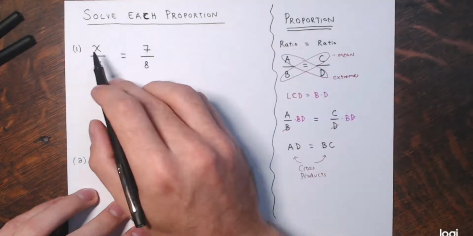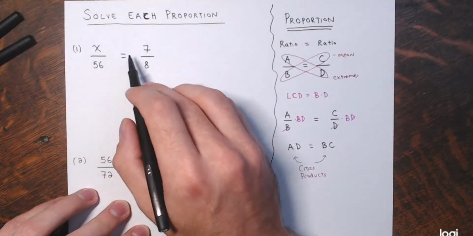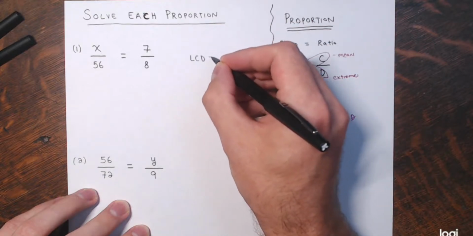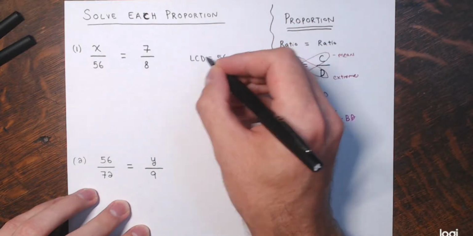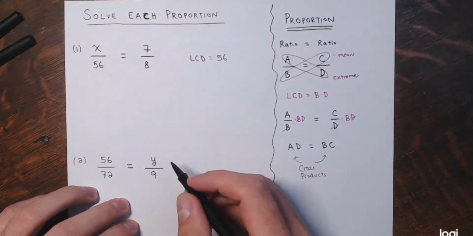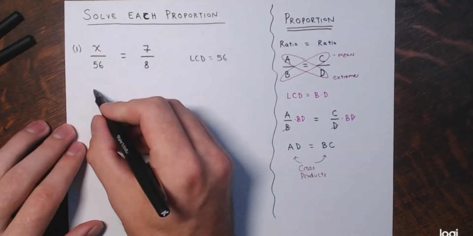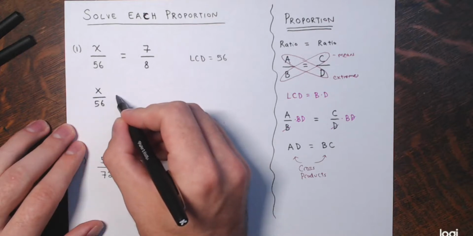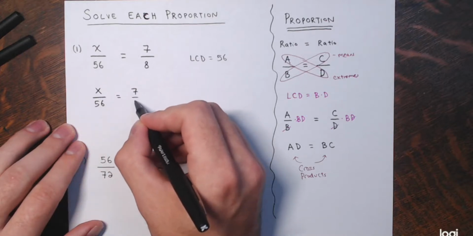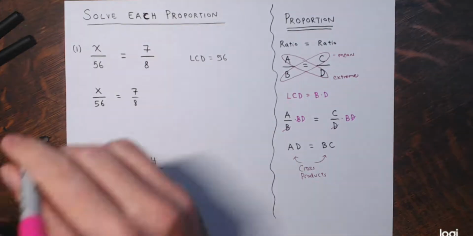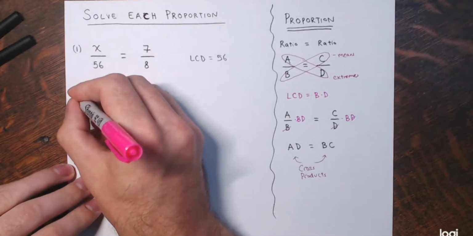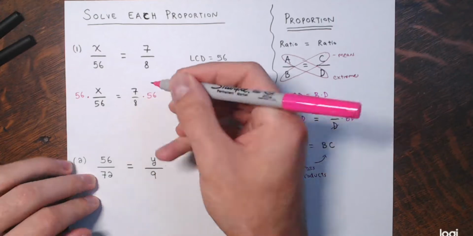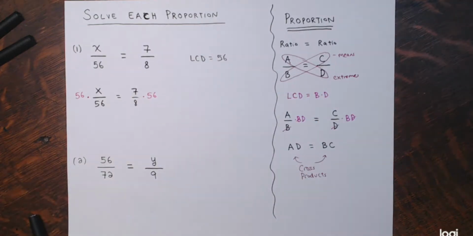So for this first one, x over 56 equals 7/8. The LCD would just be 56, since 8 goes into 56 evenly. So I'm going to multiply both sides by 56, the LCD, to get rid of the denominators.